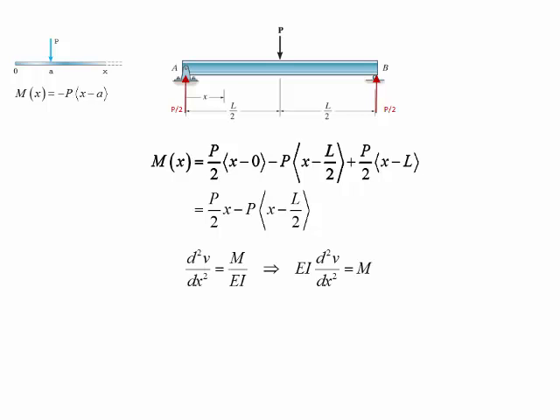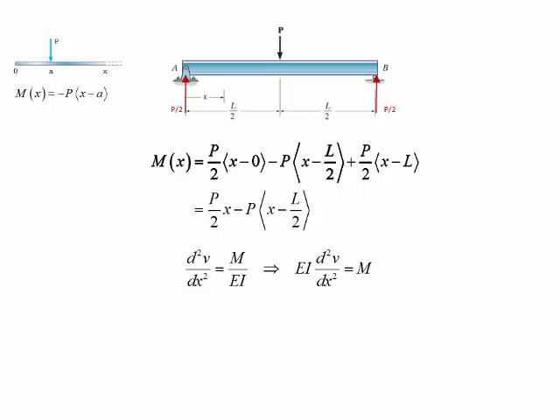Now we are going to go to the beam equation that states that the second derivative of the deflection v, which is the vertical movement of any point along the beam, with respect to x, is equal to the ratio of the bending moment divided by the flexural rigidity. Since the flexural rigidity is constant, we are going to pass it to the left-hand side of the equation, and we end up with a second-order differential equation that is equal to the bending moment.